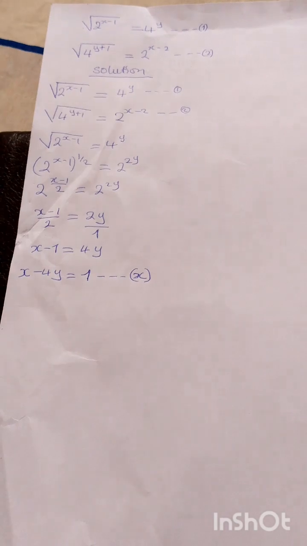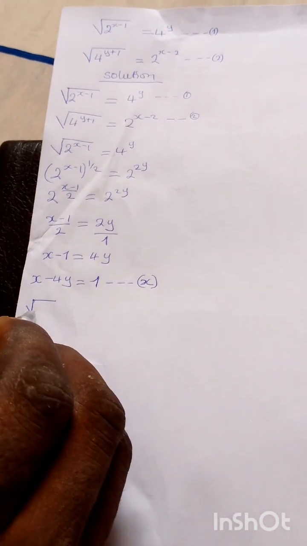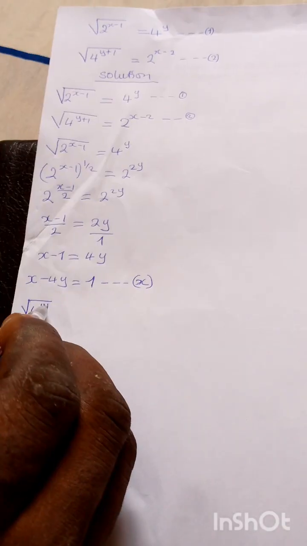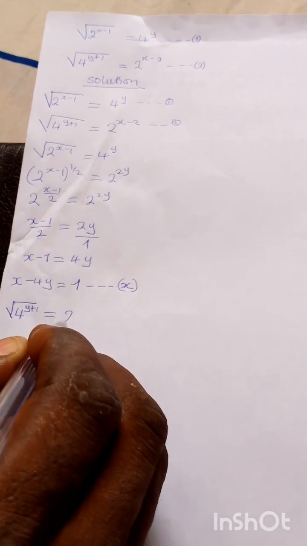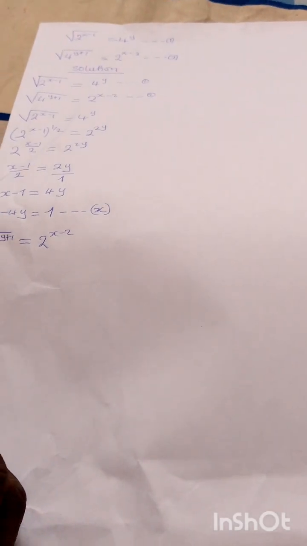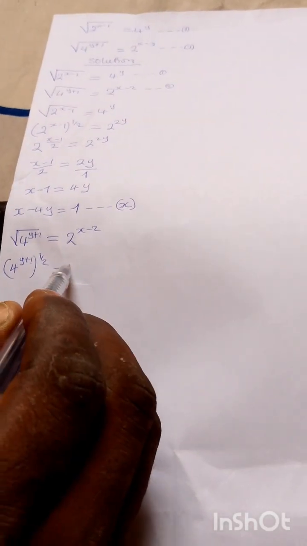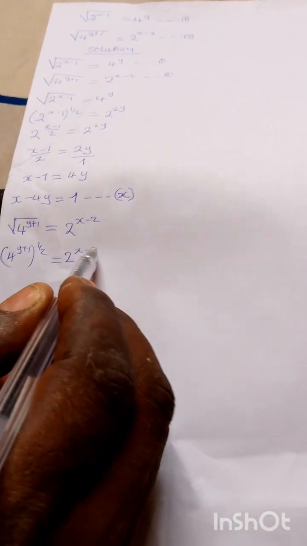So let's deal with the second one. Now the second one is root of 4 raised to the power of y plus 1 equals 2 raised to the power of x minus 2. Okay, and then the same thing, we will have to change this radical to power. So we have 4 raised to the power of y plus 1 all raised to the power of 1 all over 2 equals 2 raised to the power of x minus 2.